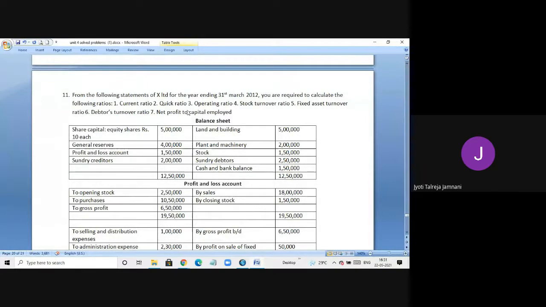From the following statement of X Limited, for the year ending 31st March, you are required to calculate the following ratios: current, quick, operating ratio, stock turnover ratio, fixed asset turnover ratio, debtors turnover, and net profit to capital employed. So first let us start with the current ratio.